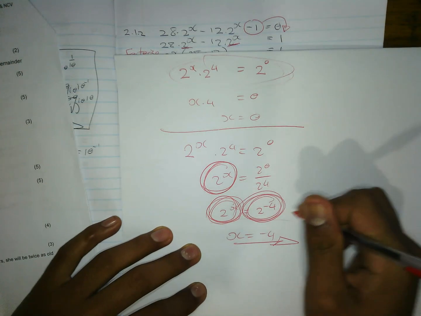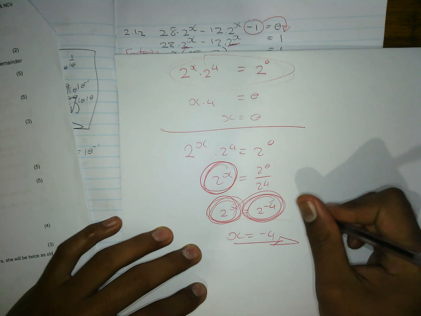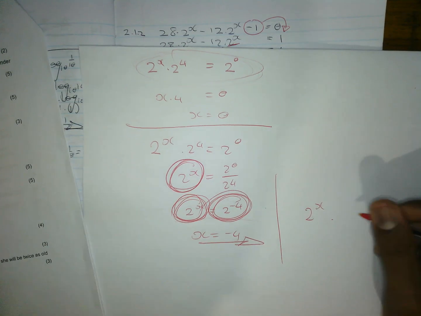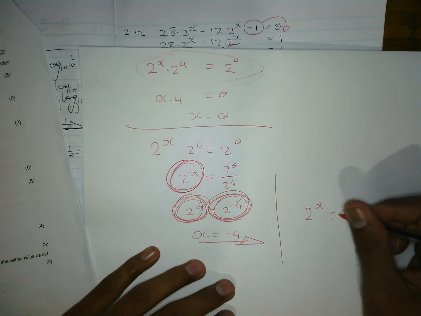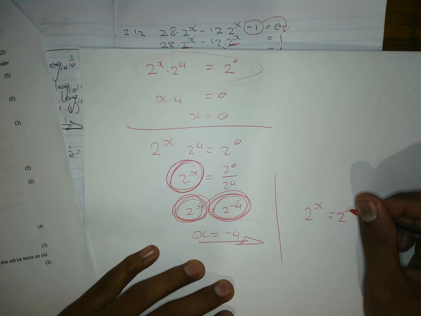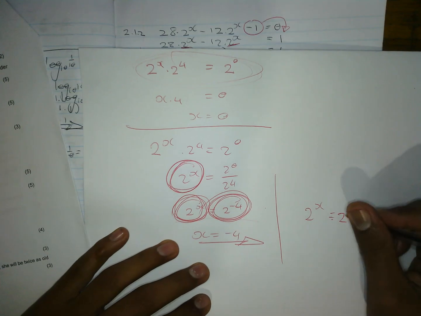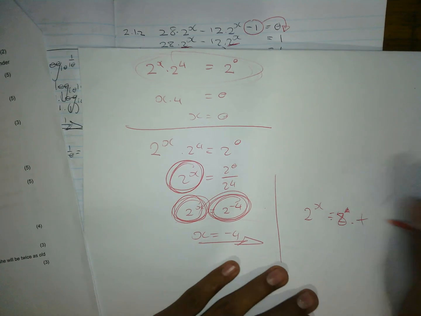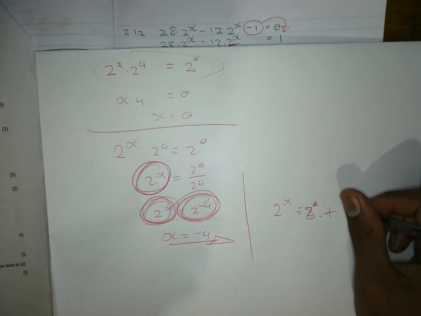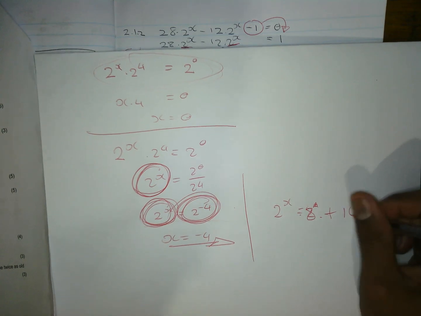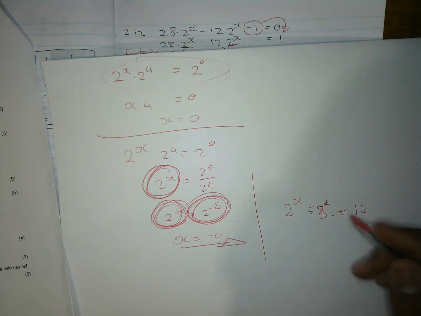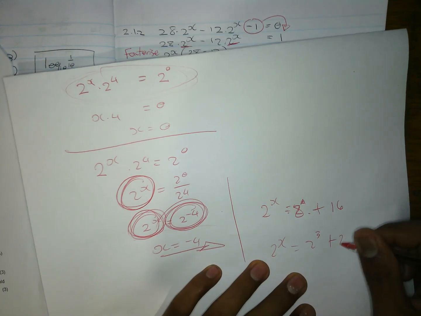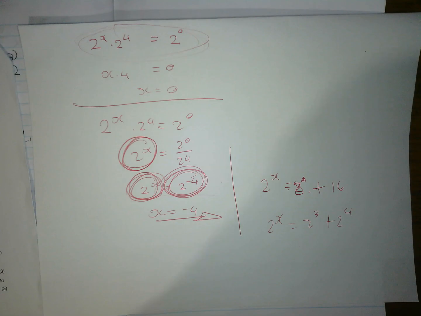Just for example, if you had 2 to the power of x, and a 2 to the power 3 plus 2 to the power 4, you will get the same answer if you set them equal to each other.